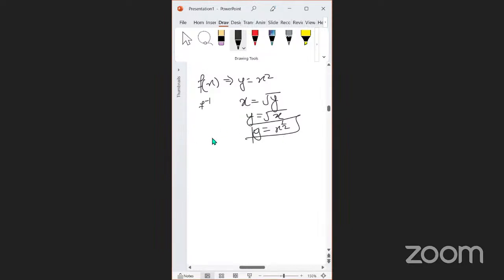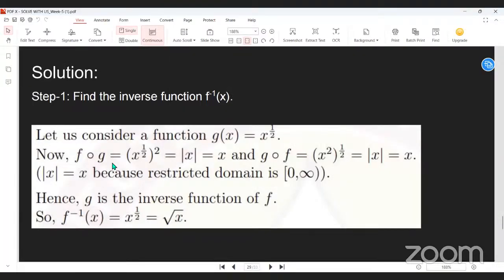Yes, in this way we got x to the power half, and for one condition Professor Sir told that f of g of x and g of f of x, where both are inverse, should be equal to x. So we check this property here, right?